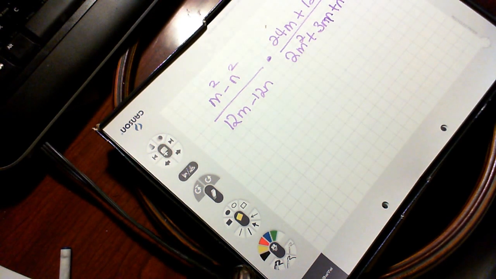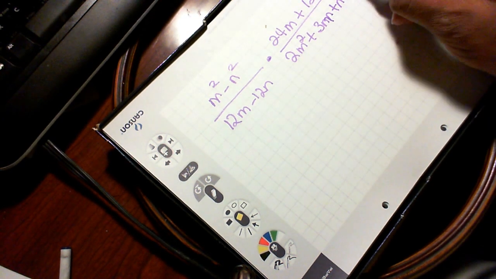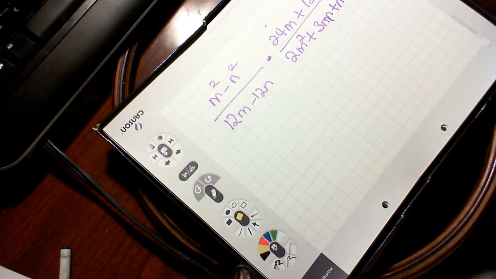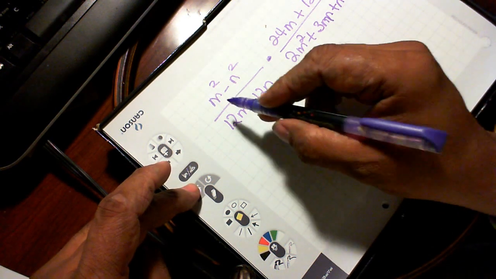So the first thing we need to do here is to factor. First we factor and then we simplify.